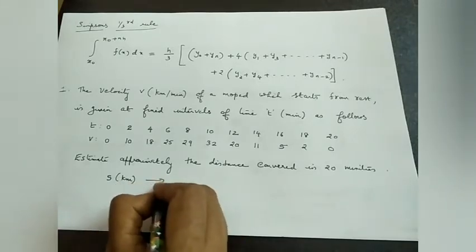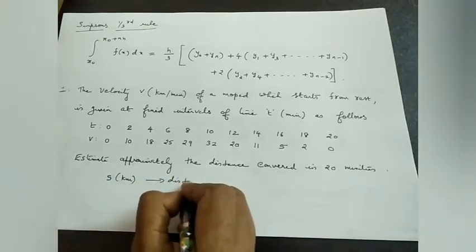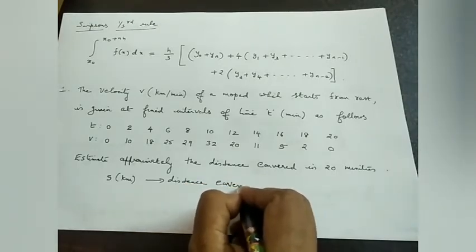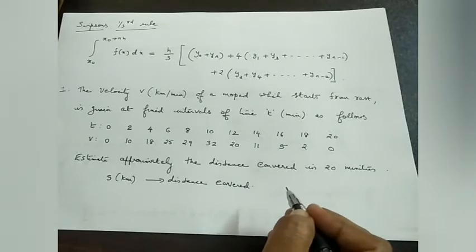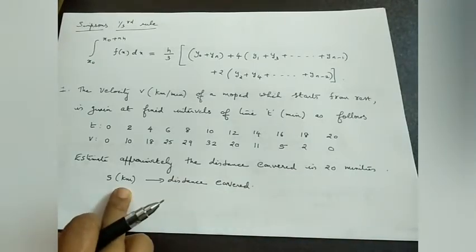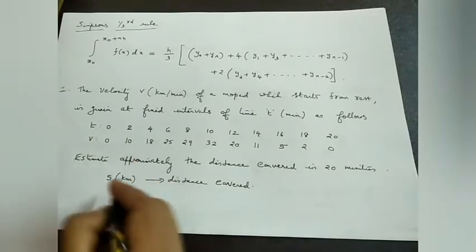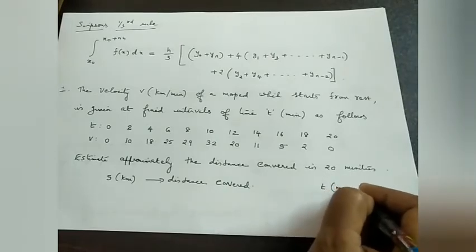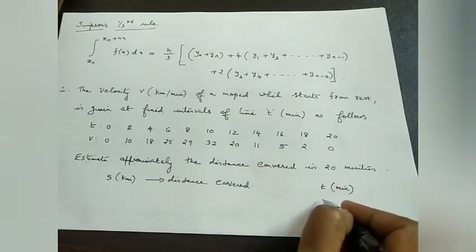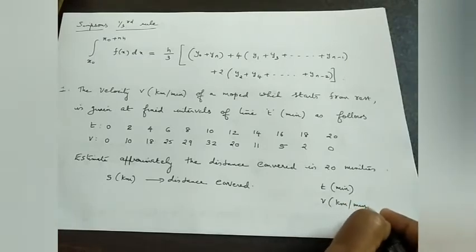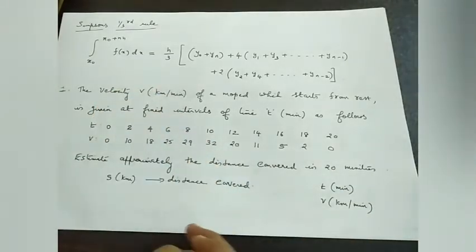The distance covered is always denoted by the letter S. It is in kilometer. Time t is in minutes, which we already have in the question. The velocity v is given in kilometer per minute, which is also in the question.